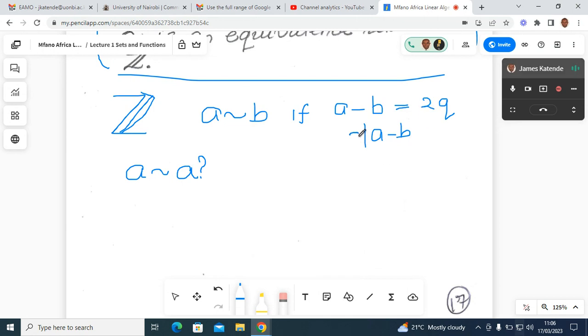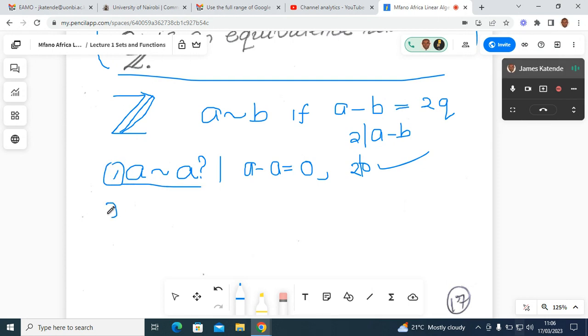In other words, 2 divides the difference between a and b. So is a related to a? We can check that by getting the difference of a with itself. a minus a is equal to 0, and 0 is divisible by any number, so that's fine. Clearly 2 divides 0. So yes, this relation is reflexive, property number 1.